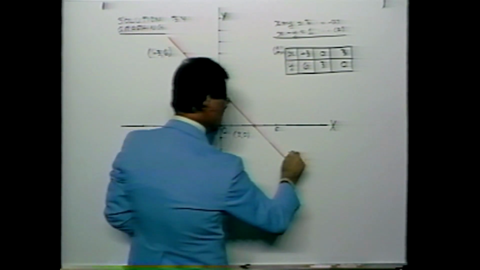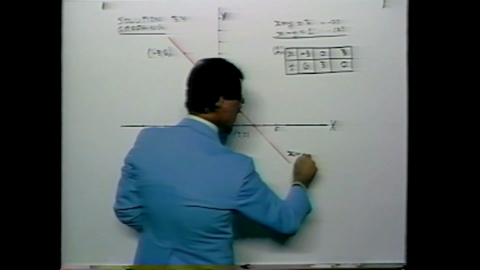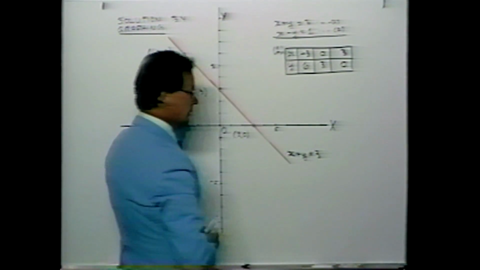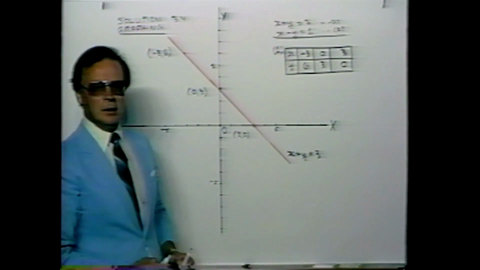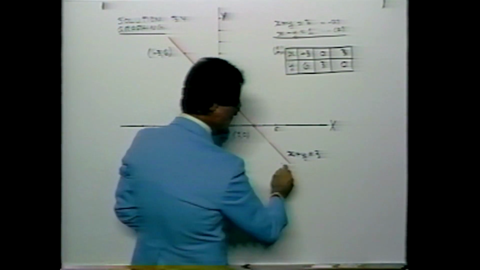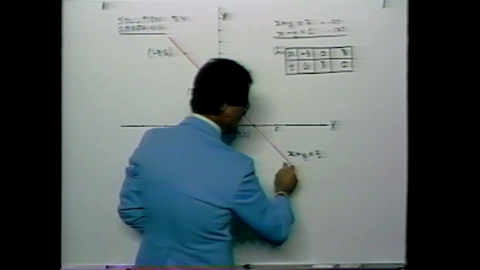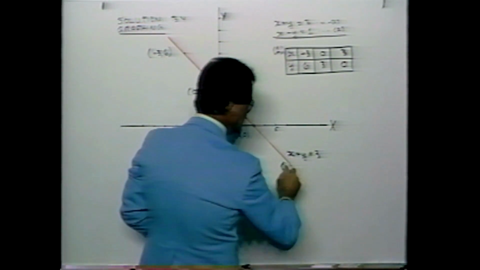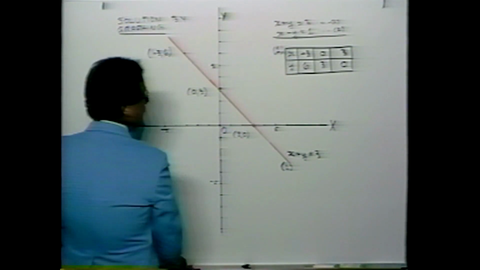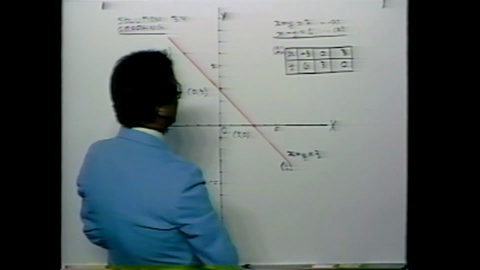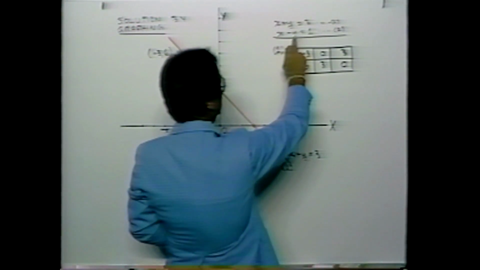We either actually write the equation of the line beside the line, or we can just reference it by using the line number.